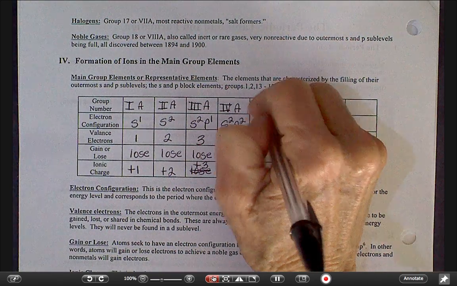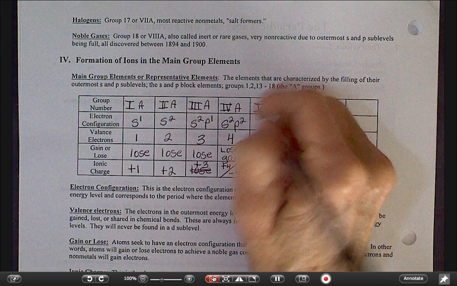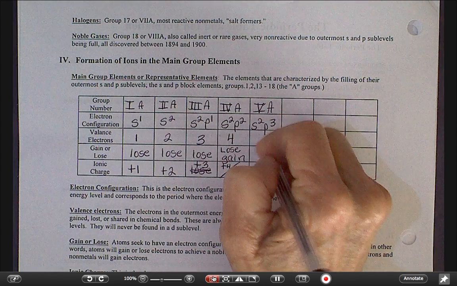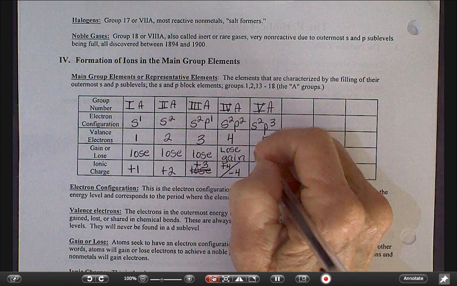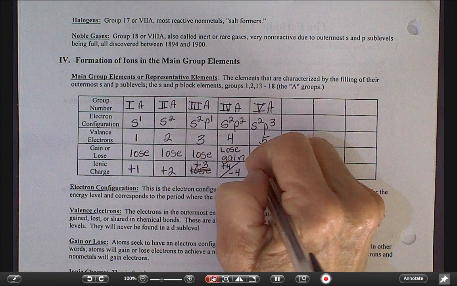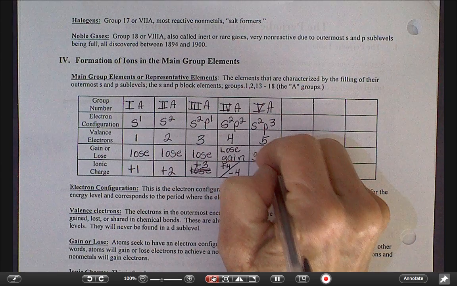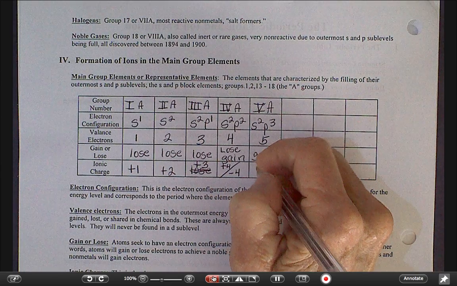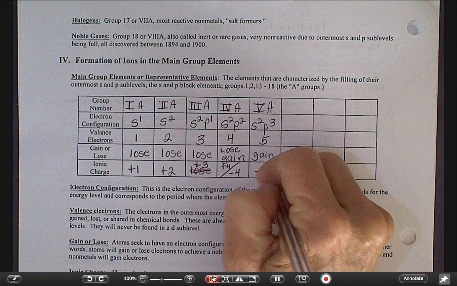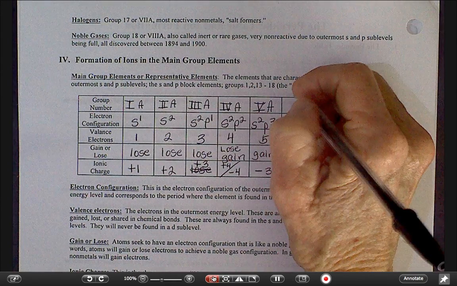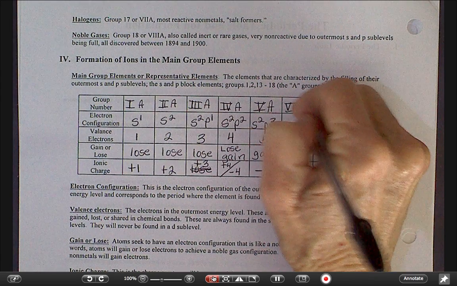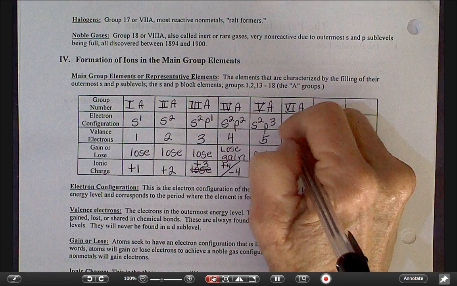Group 5A is s2p3 with 5 valence electrons. And they will gain and end with a charge of -3. Group 6A is s2p4.